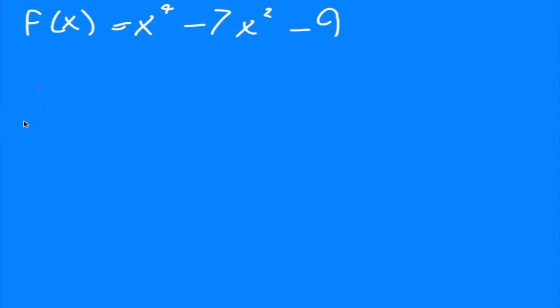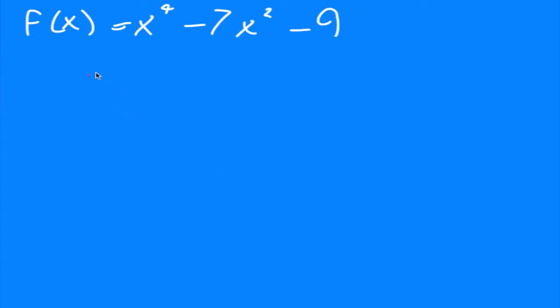Okay, so you are asked to find the bounds of zeros of f of x equals x to the fourth minus 7x squared minus 9. You're given this long definition of what to do, or formula, whatever you want to call it. Normally you would have to write a lot of stuff, but not here.